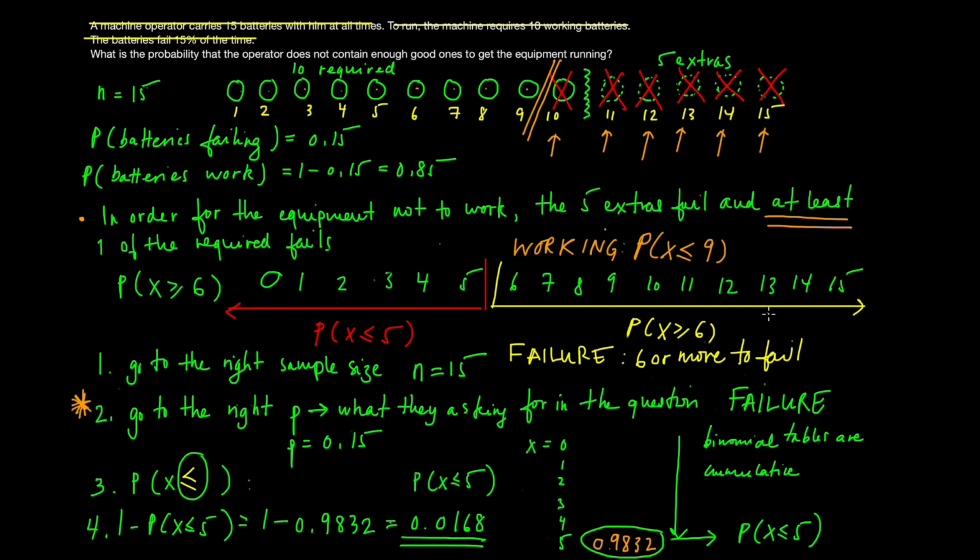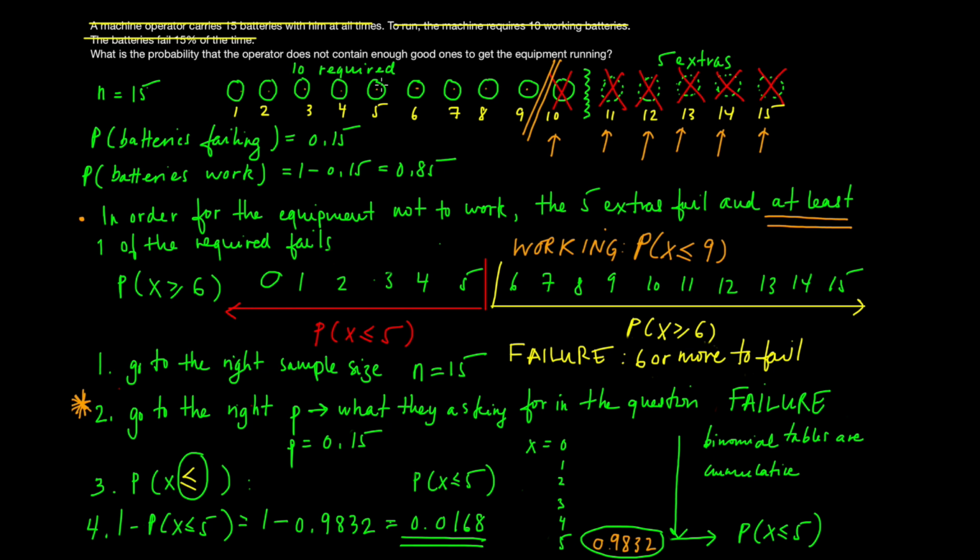So in the same way that when we look at these two right here, the probability of the batteries failing and the probability of the batteries working, these are perfect complements, right? 0.15 and 0.85. Well, the way that you structure how you solve the problem is also a perfect complement, depending on what P and what Q you choose, because this question is a bit more of an open-ended question, right?